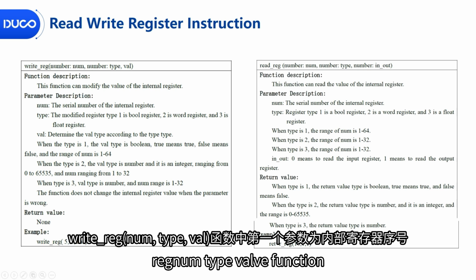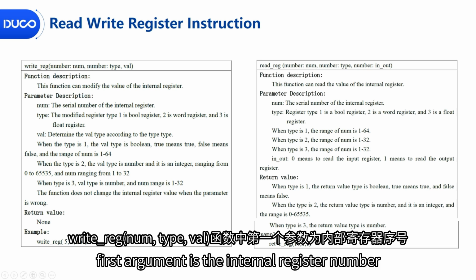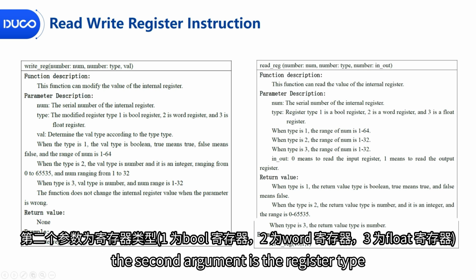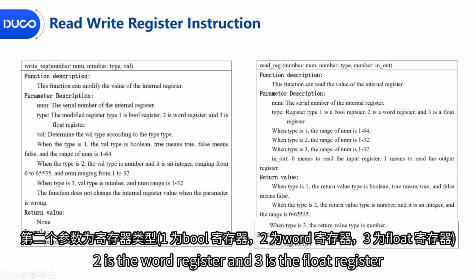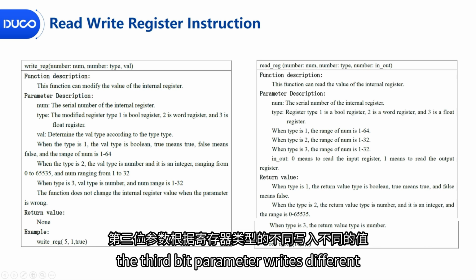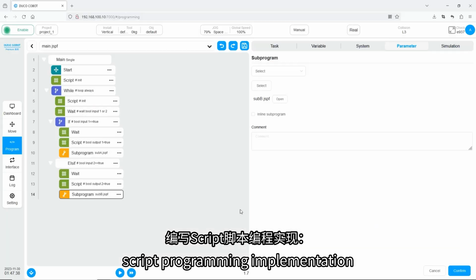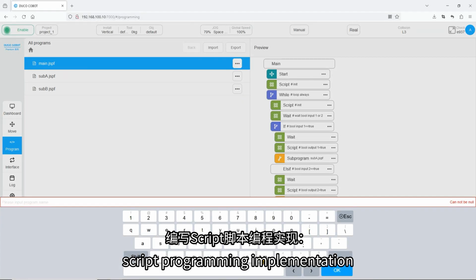In the write_reg function, the first argument is the internal register number. The second argument is the register type: 1 is the bool register, 2 is the word register, and 3 is the float register. The third parameter writes different values depending on the register type. Script programming implementation.